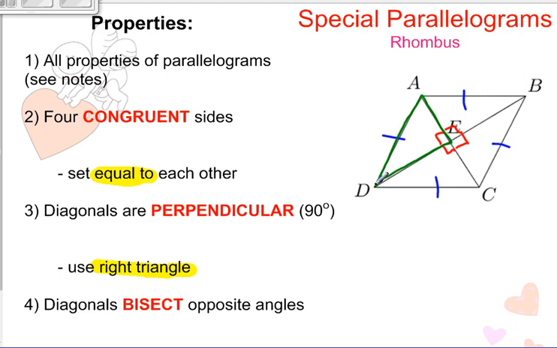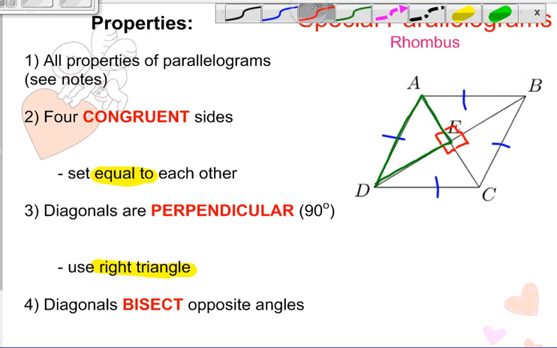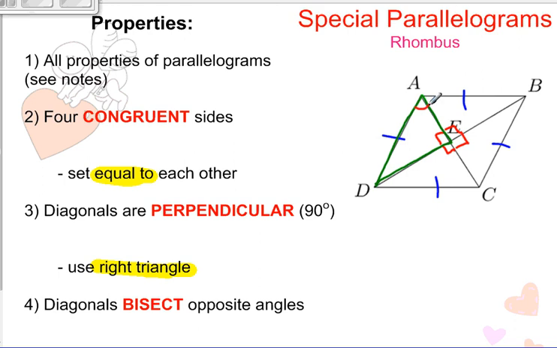The diagonals on the rhombus will bisect the opposite angles. Like I said, on rectangles those do not bisect, but on rhombi they will. So the diagonals will bisect, creating congruent angles that are opposite of each other.